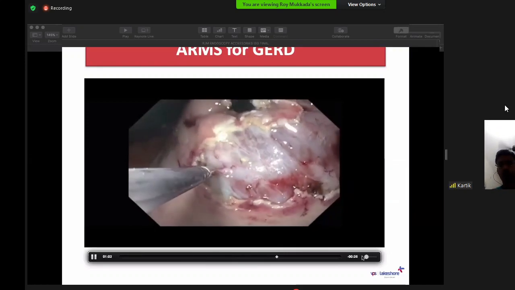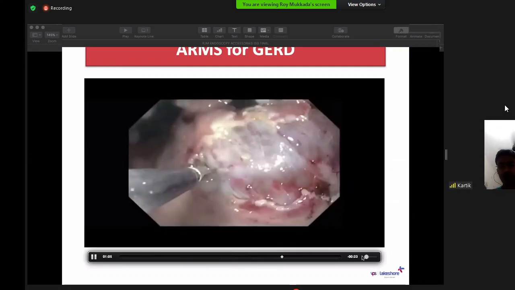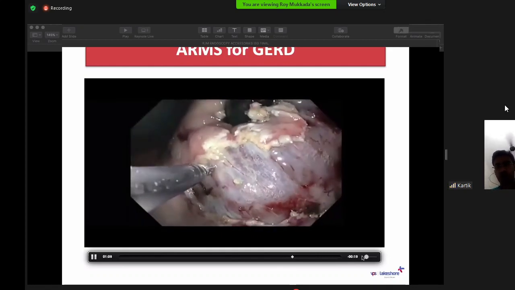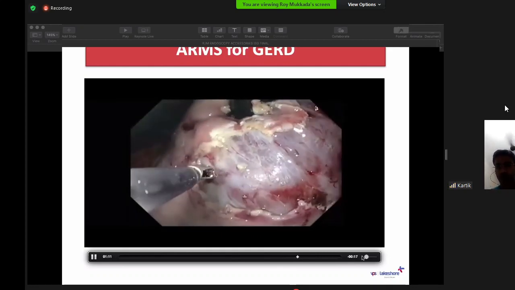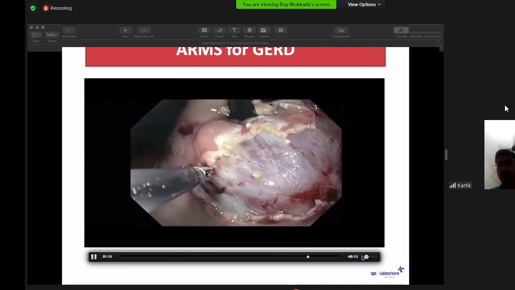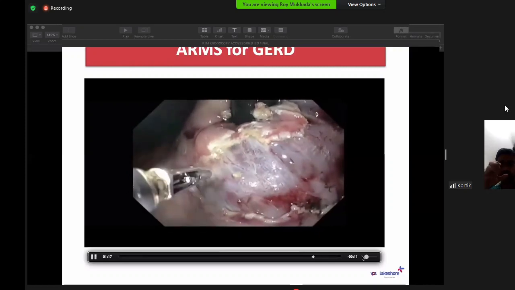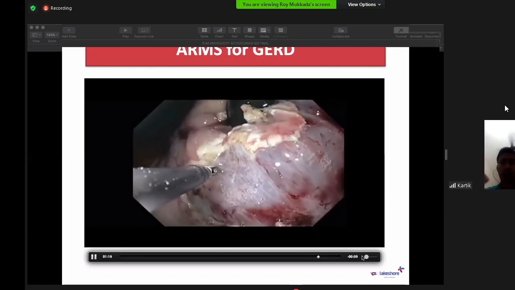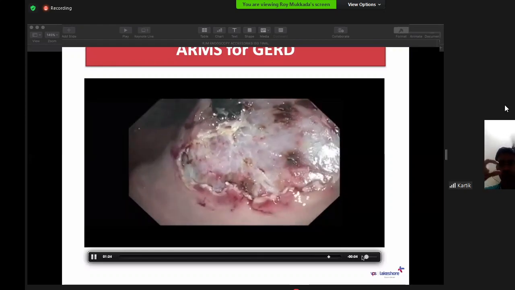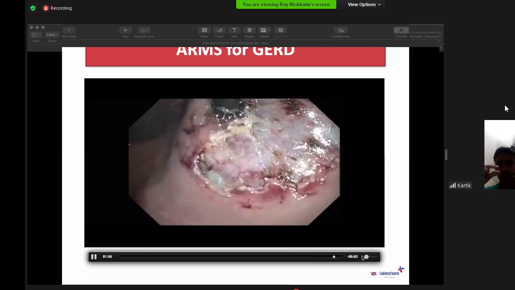We do it for 2/3 or 3/4 of the circumference of the OG junction, so that much of the mucosa is removed, and then we can apply clips, and it will heal by scarring. The OG junction will then become more narrow, and then it decreases reflux by that method, sir.